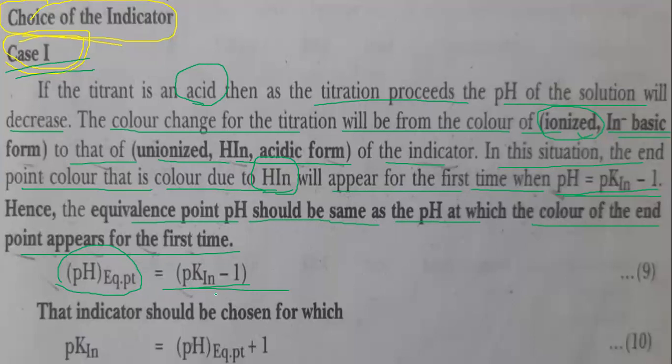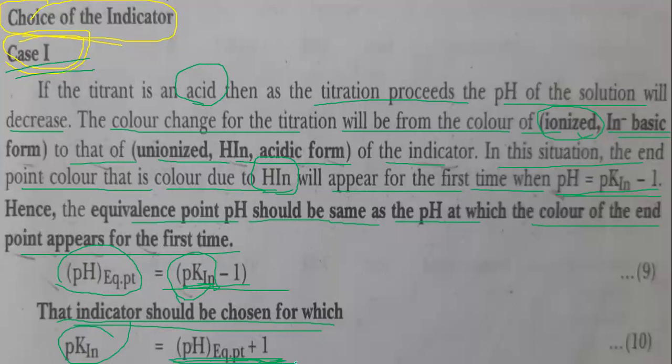As pH is coming to the acidic side, it will show the color for the acidic pH. Now, that indicator should be chosen for which pKin is equal to pH at equivalence point plus 1.